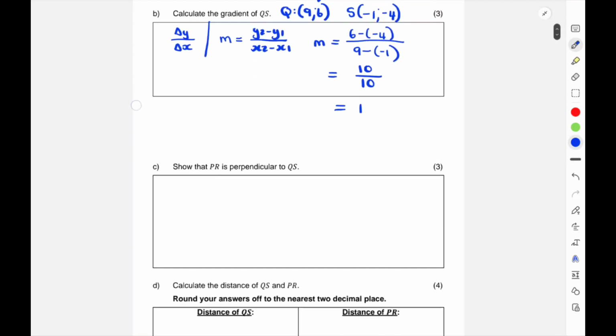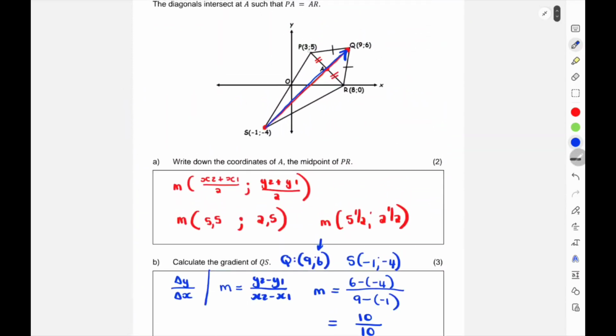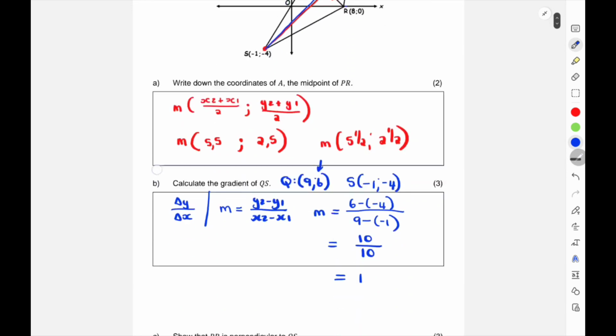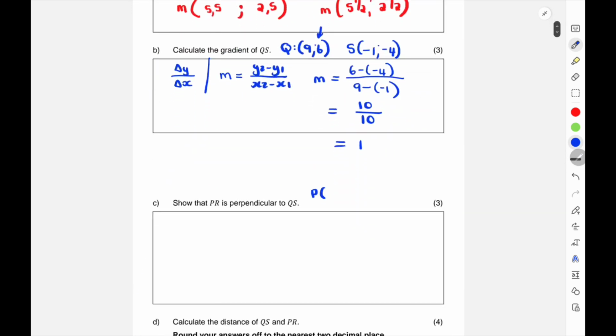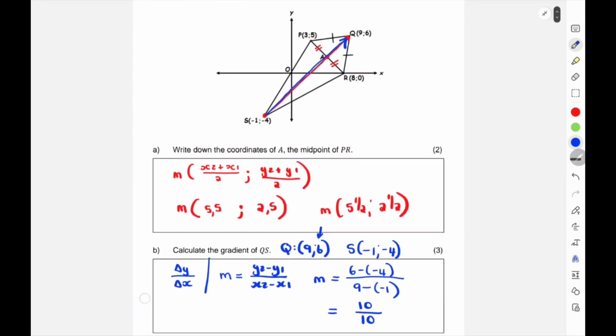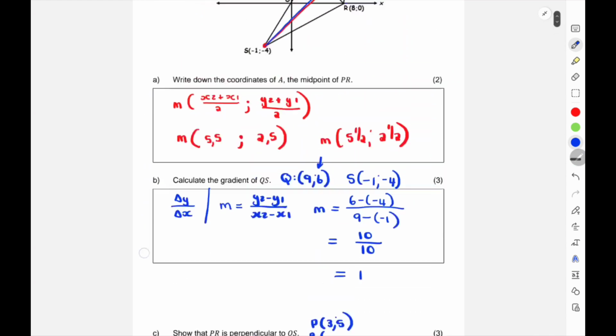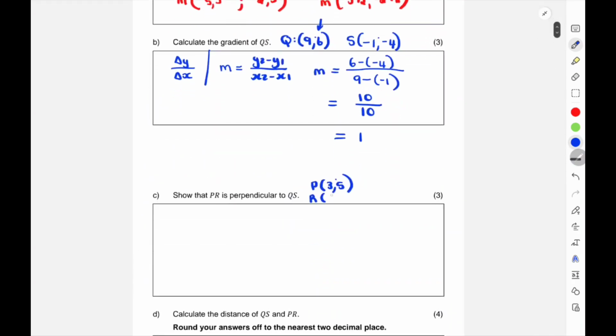Show that PR is perpendicular to QS. So PR, again, just because I'm going from page to page, I just want to write P and R's coordinates: P is (3; 5) and R is (8; 0).